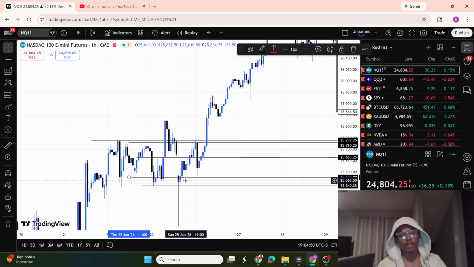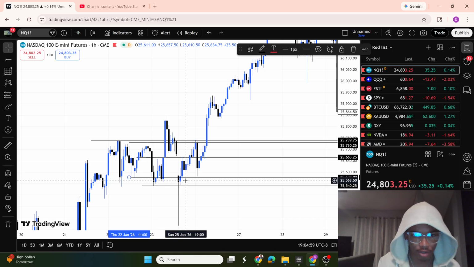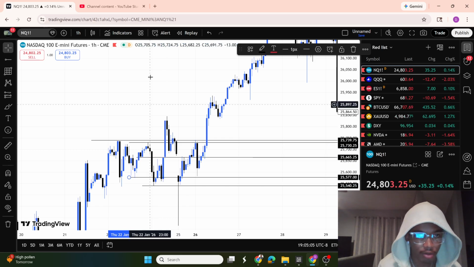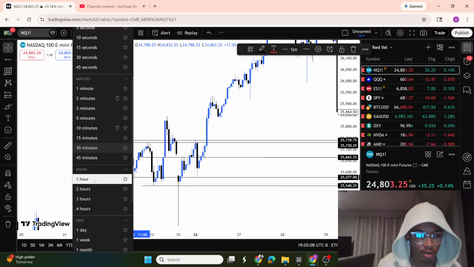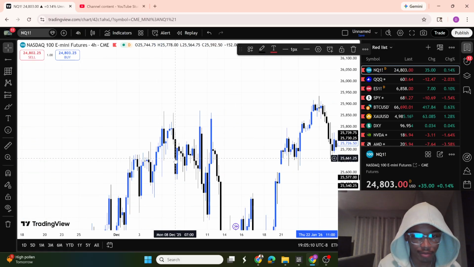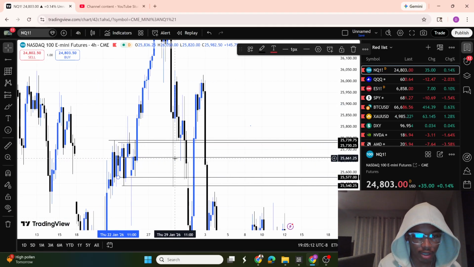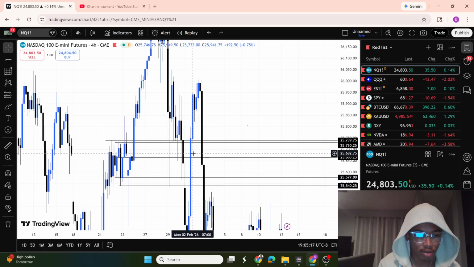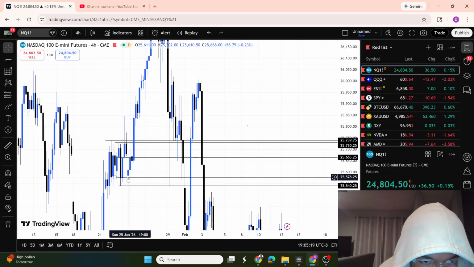Boom. So now we need to identify which trend the 1-hour and the 4-hour are in, that way we can know which time frame we can use for our break of structure. Going into market open, we are in the downtrend for the 1-hour. On the 4-hour, this is actually a downtrend too.